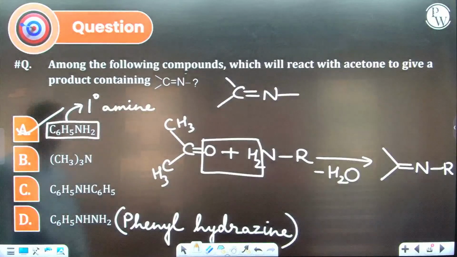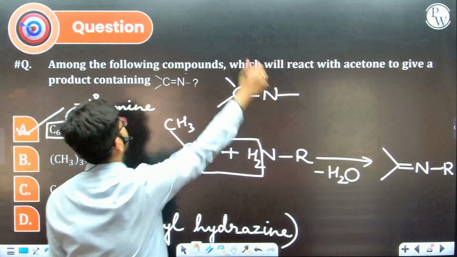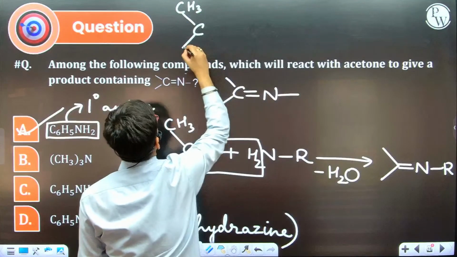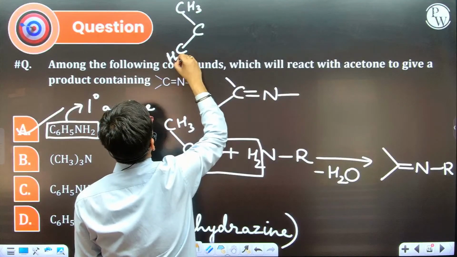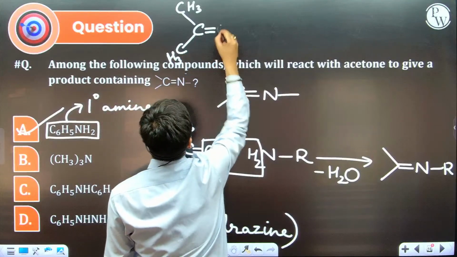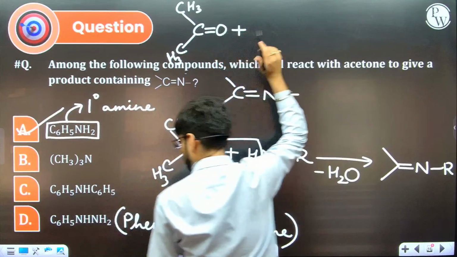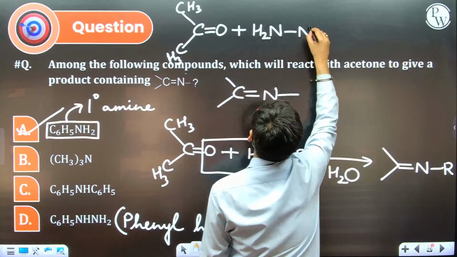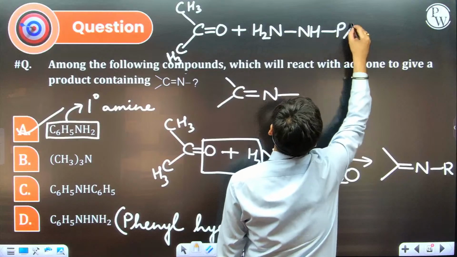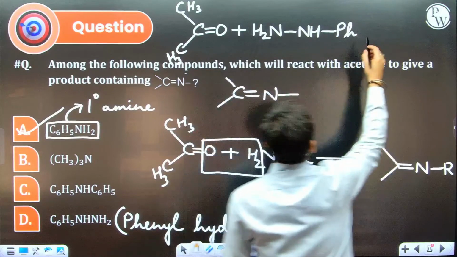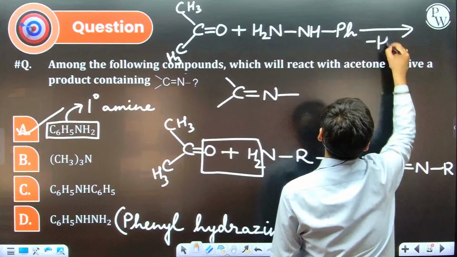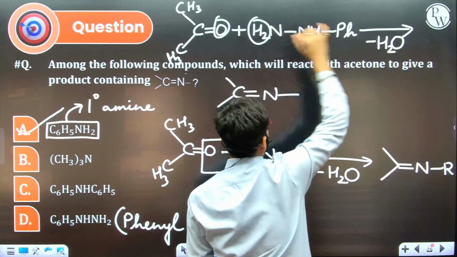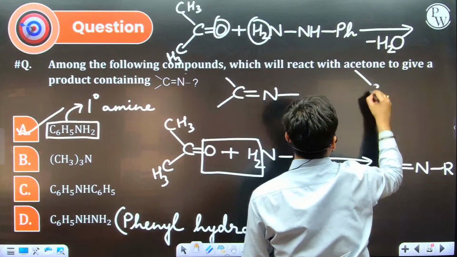If you react acetone with phenylhydrazine, then what will happen? Let's see now. I'll show you the product. Again, the same thing will be performed. You remove oxygen, you remove H2, so condensation happens, and this is the product obtained.